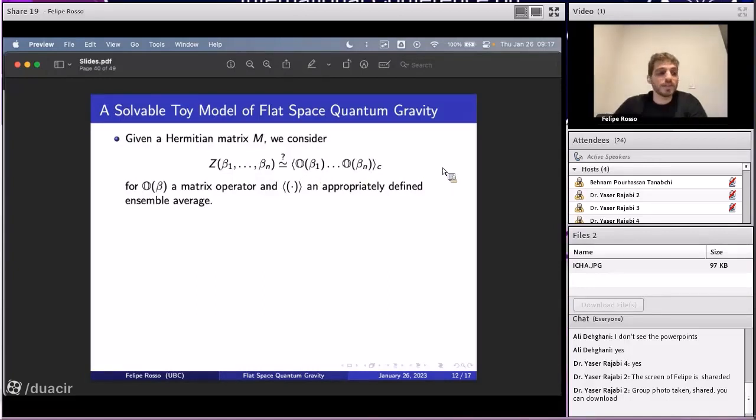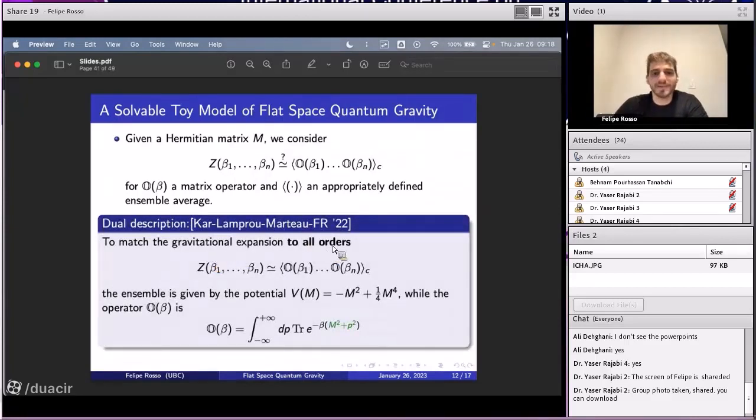For JT gravity, the answer is affirmative, and this was done in the very nice paper from 2019 by Saad, Shenker, and Stanford. We want to address this question for CJ gravity, and the answer, as we showed in this paper, is yes. If you want to match the gravitational expansion to all orders in the perturbative series, this is what you have to do, and the answer is unique.